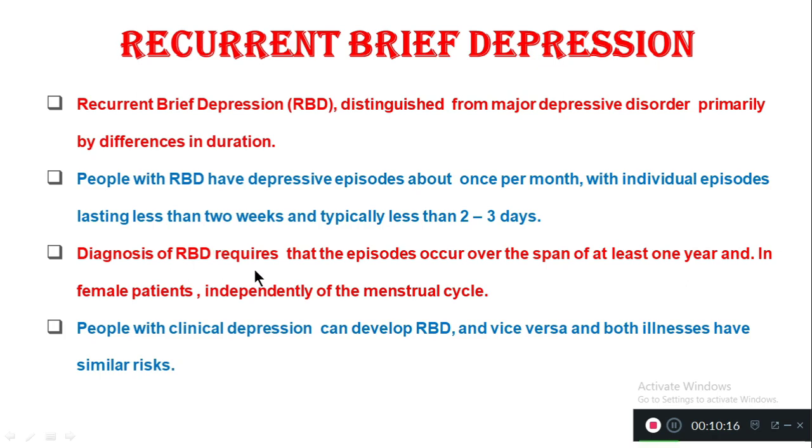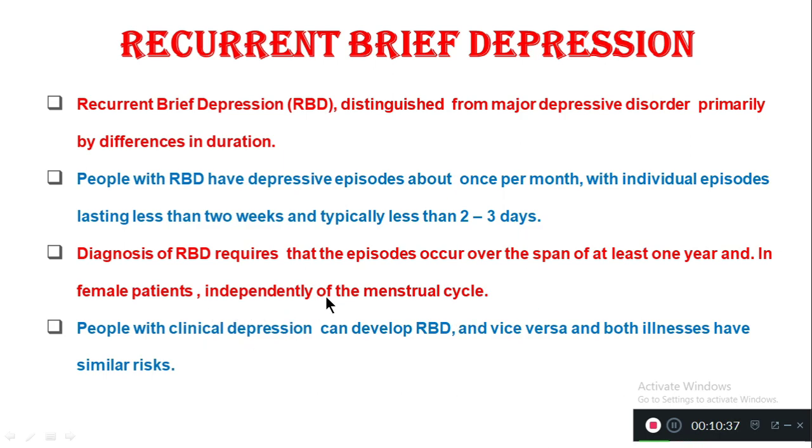Diagnosis of recurrent brief depression requires that the episodes occur over a span of at least 1 year. So the problem should be there for at least 1 year. Once a month, for 2 to 3 days, they must have a depressive episode for a minimum of 1 year. In female patients it is very common, and it is independent of the menstrual cycle.